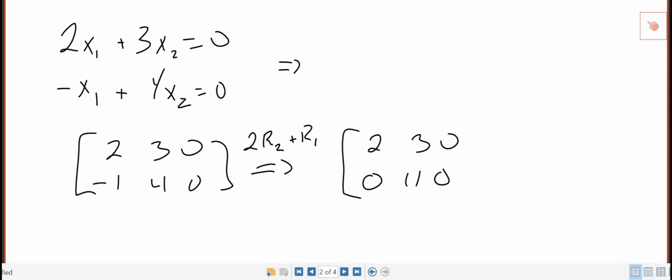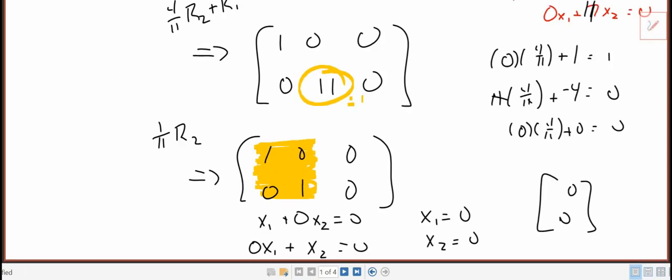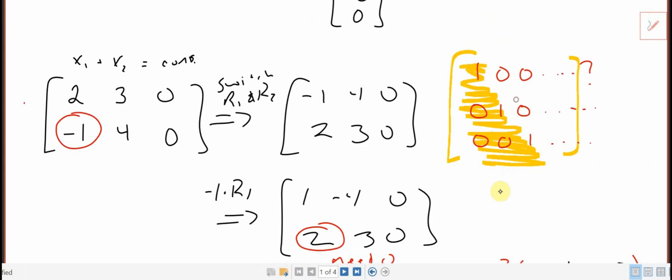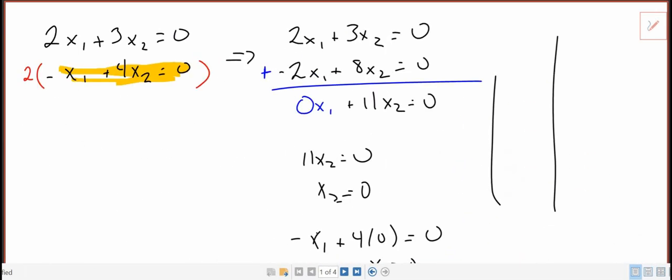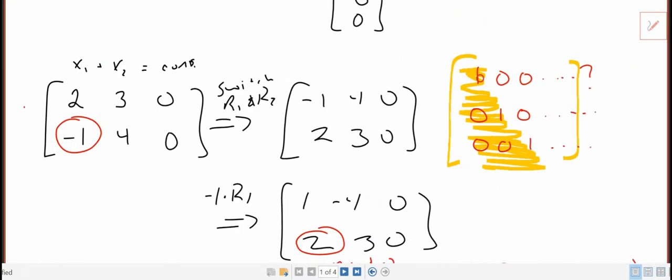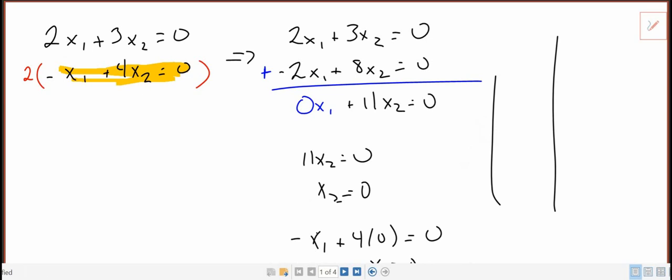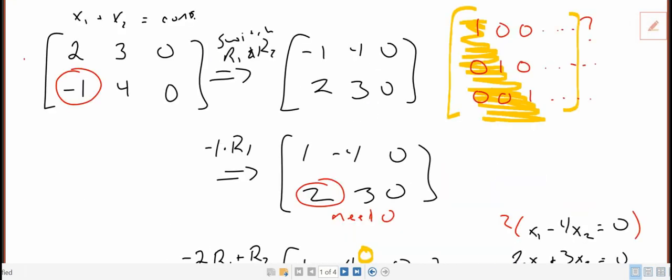Let me check, did I have a typo up here? No, okay. But notice, for some reason I was thinking we have a 0 and 11 equals 0 there.